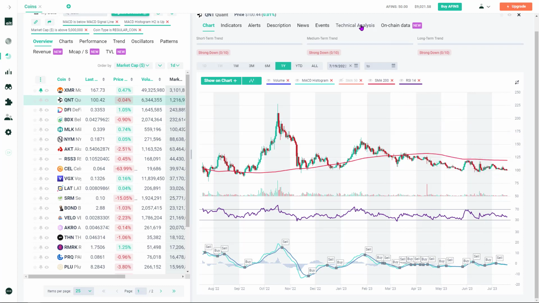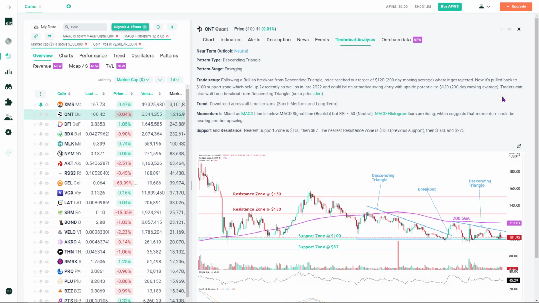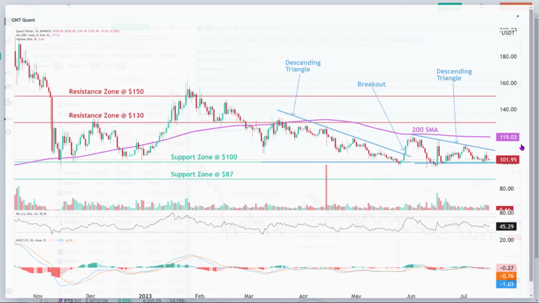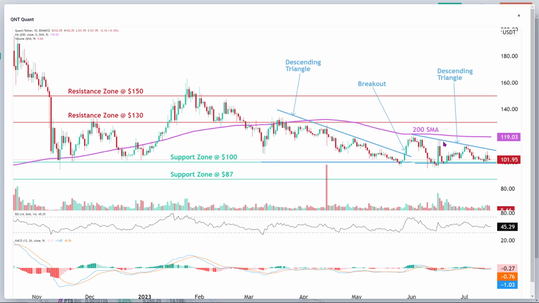In fact, if you look at the technical analysis section here, this is another one of those assets where we have our own internal analysis. It's trading in a descending triangle.